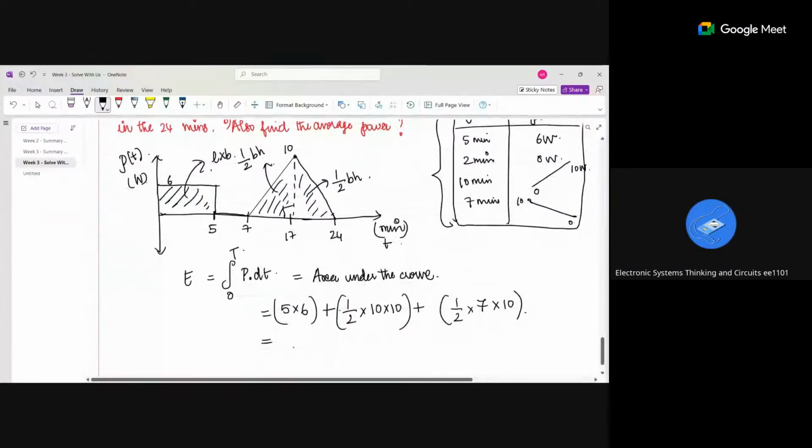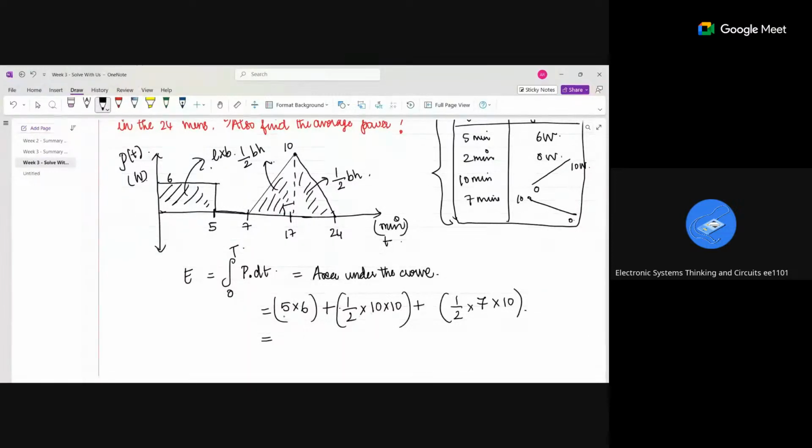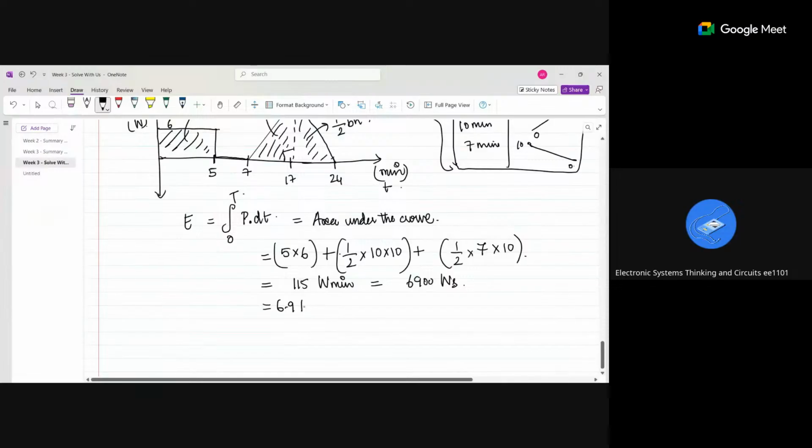So the answer will be 115 watt minutes, 6,900 joules, which is 6.9 kilojoules.